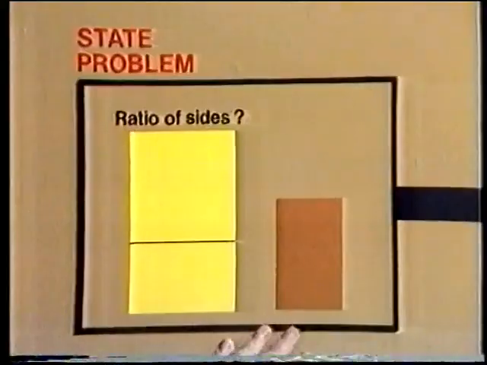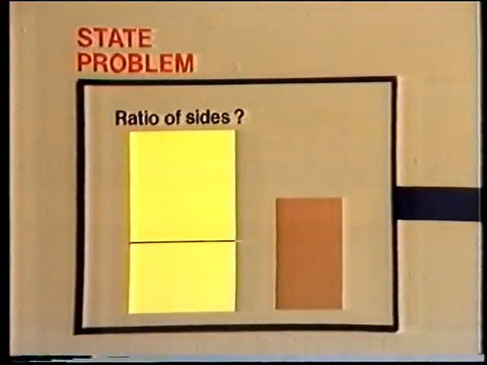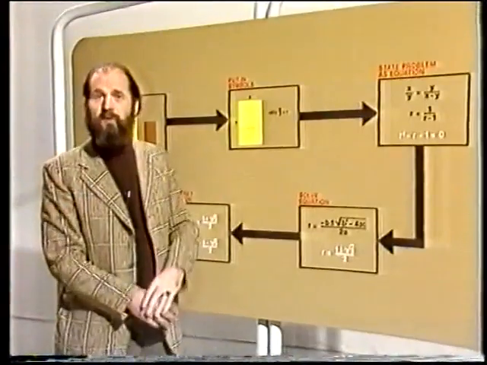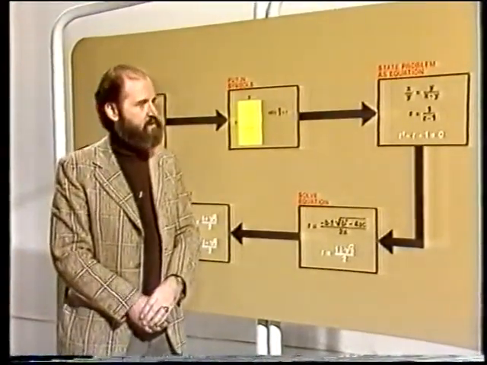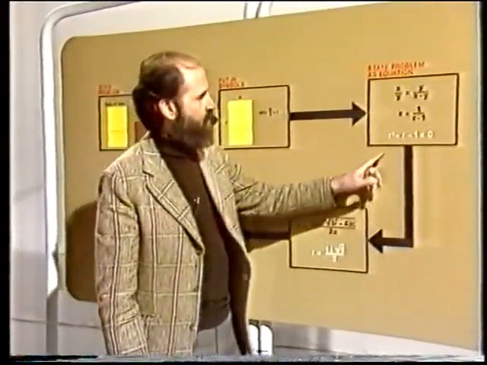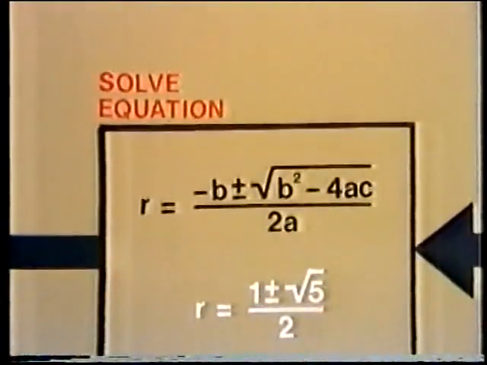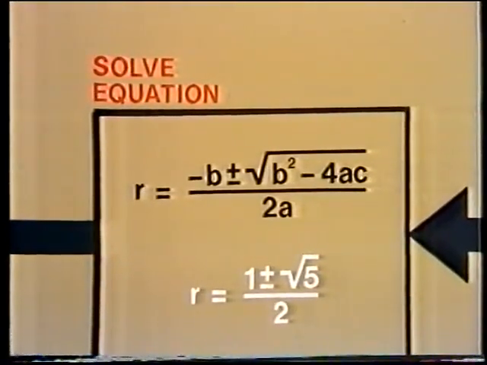Right, so once again you saw firstly a clear statement of the problem. This was then followed by the introduction of symbols, that's x, y, and r, and then the problem could be restated in terms of these symbols. And that led to this quadratic equation. We now solve that equation using the quadratic equation formula and get the two roots here.